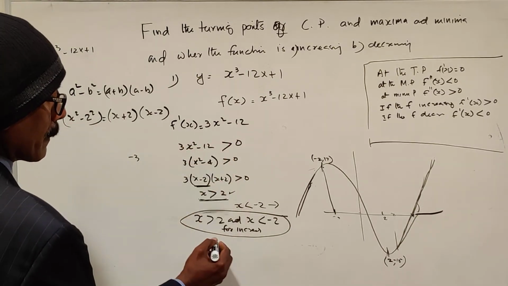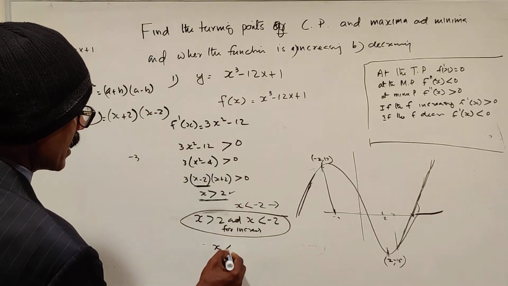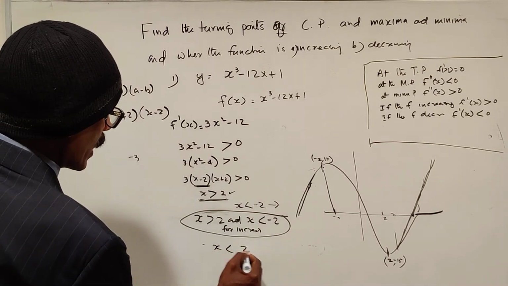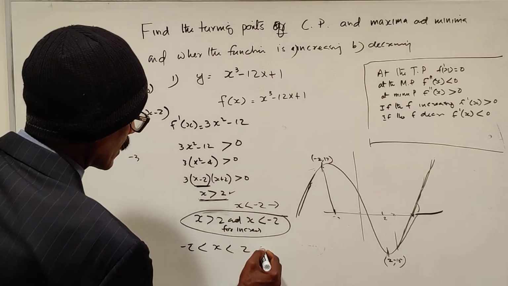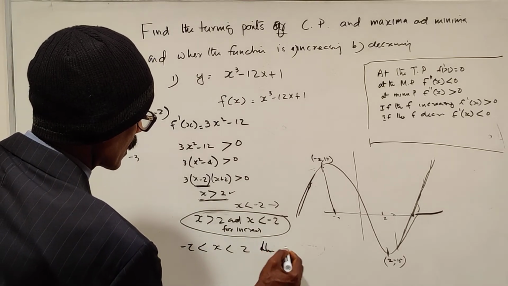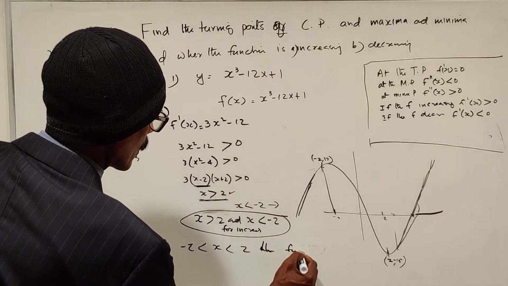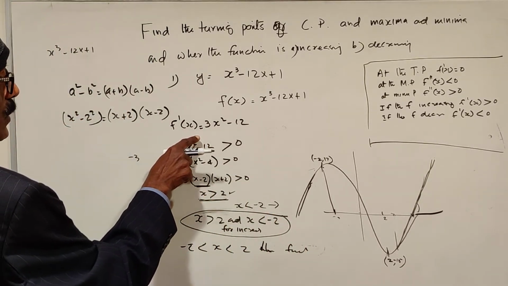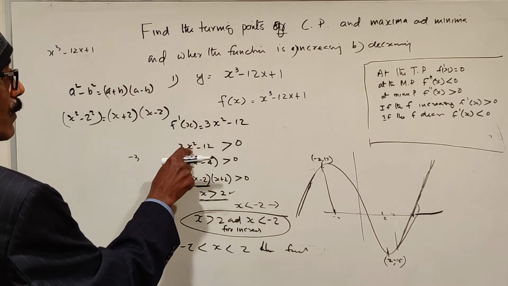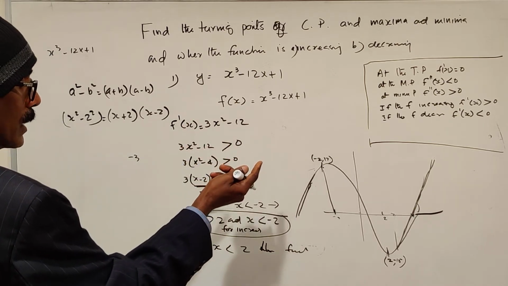So when x lies in between 2 and negative 2, the function is decreasing. See, when x is minus 1, square is 1. 1 times 3, 3. 3 minus 12, negative.